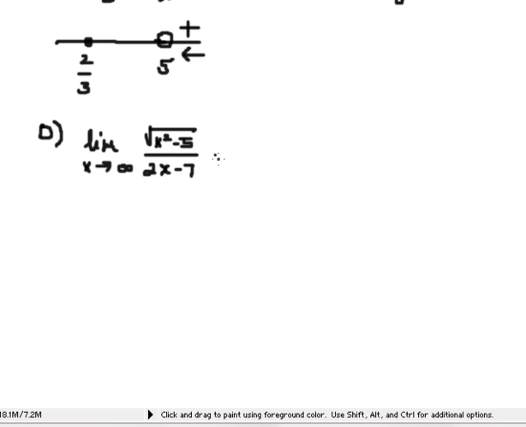So we said that this limit is equal to the limit as x goes to infinity of the leading term on top divided by the leading term on the bottom, that is the term with the highest power. In this case we have to include the square root. We have square root of x squared divided by 2x.